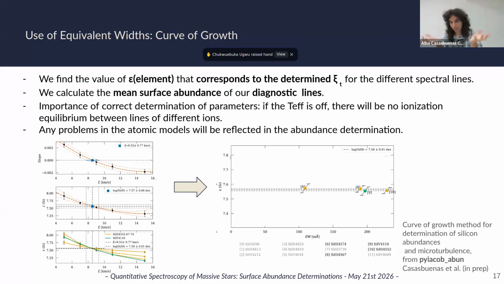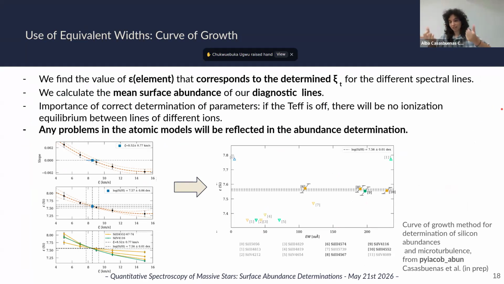And then, for example, using this curve with the equivalent width method, we would repeat the abundance analysis for the new atomic models with different parameters, and we could see how, for example, here we have very different determination of silicon abundance for the different lines. We would hope to see that the scatter becomes smaller. So we would take the different atomic models and check if we're able to make the scatter go lower.